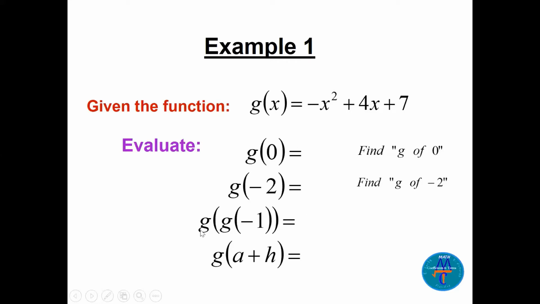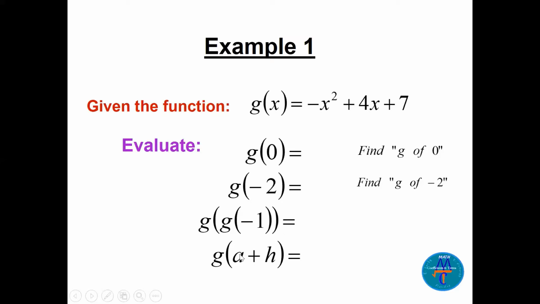Now this one, g of minus 1, we go inside and simplify first. So we replace x by -1, we find this value. Then we replace the new value in the same function again. We can have two functions here, g and f maybe. G of a plus h, that's the x here. This is the x, like 0. You see 0 here?